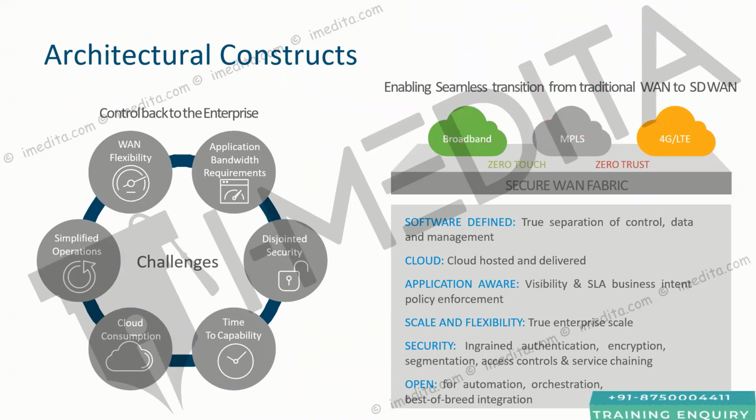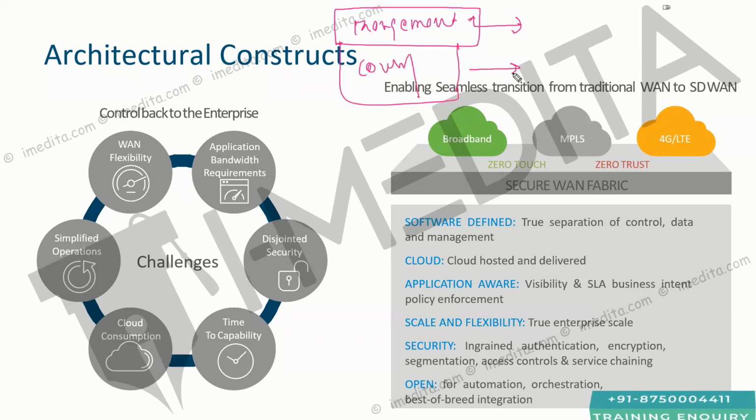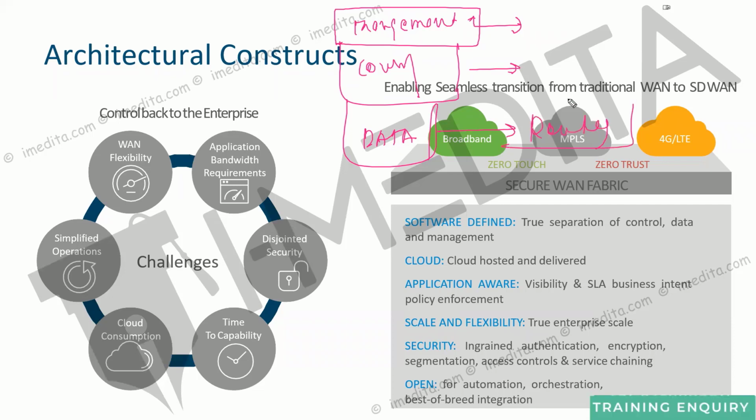Since they wanted centralized management, what they did was take the management plane functionality out of the device and create a controller out of that. They took out the control plane functionality of the device and created a controller out of that. The data plane is the only plane that remains on the device itself. For example, the routers nowadays are just data plane devices.